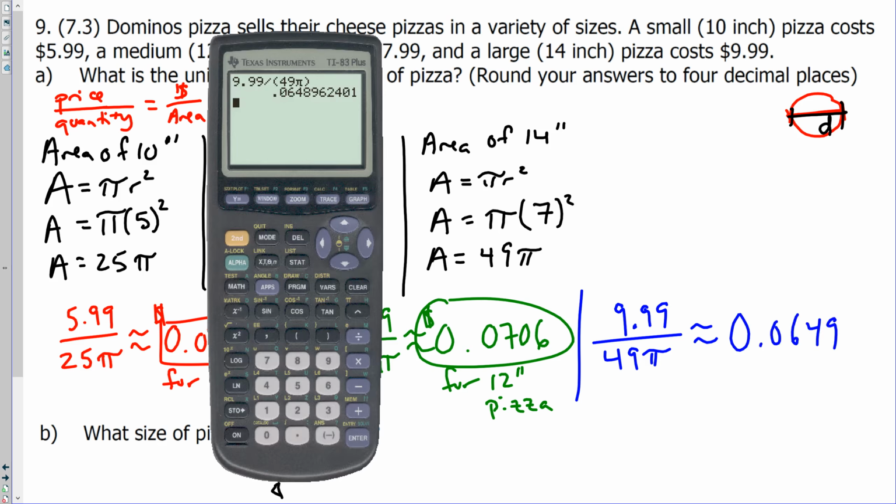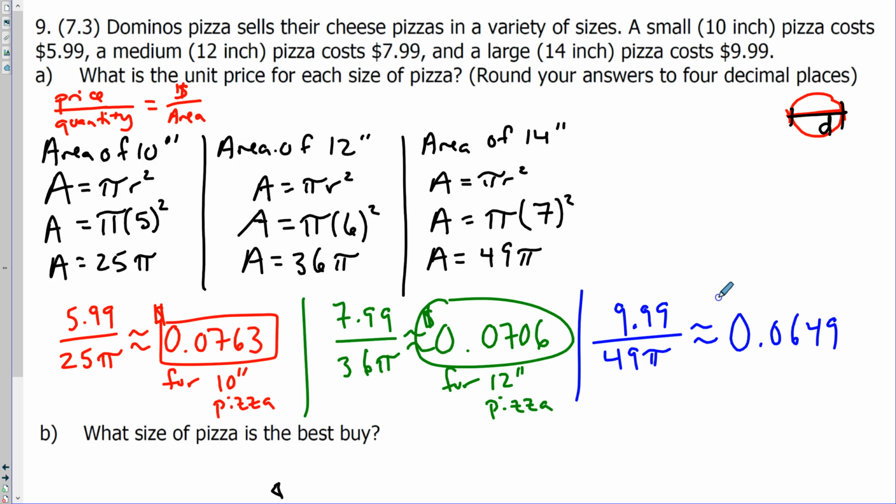Again, looking back, where did I get the 9 from? I went to 4 decimal places. That landed at my 8. If I look one more digit past that, it's a 9, so that's going to round ours up. And that would be the cost for the 14-inch pizza.